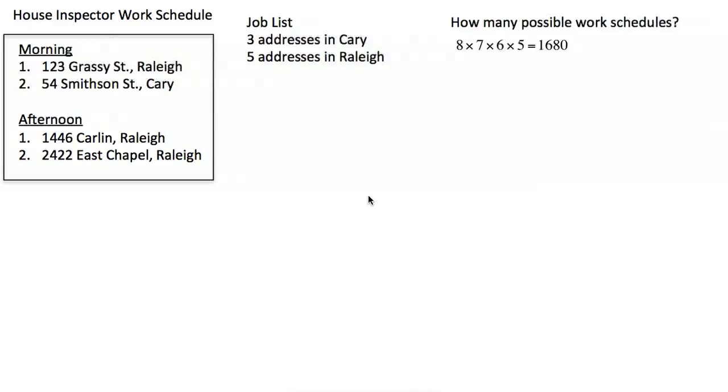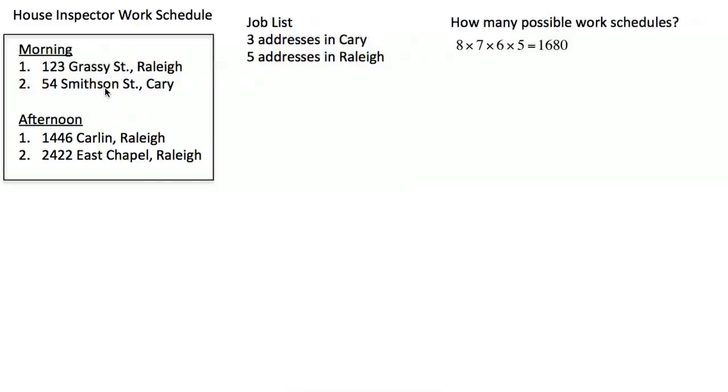The easiest approach to that question is simply to recognize that there are 8 addresses which can be work locations. 3 in Cary and 5 in Raleigh makes a total of 8. And if you think of just making out the work schedule from the top down, you've got 8 possible locations, so that's 8 choices for which location is the first one in the morning visited.